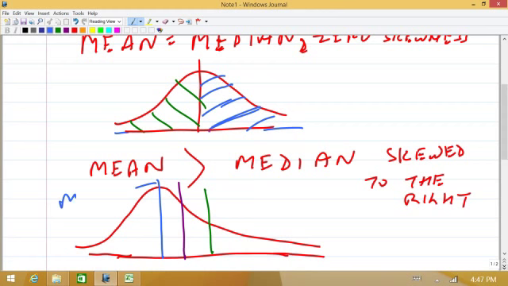So this is mode, this is median, and this is mean.